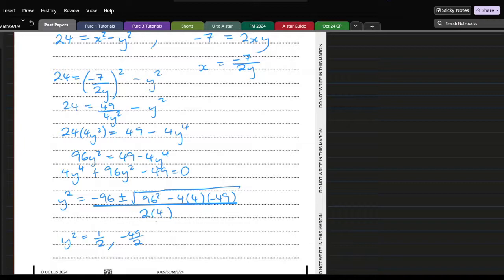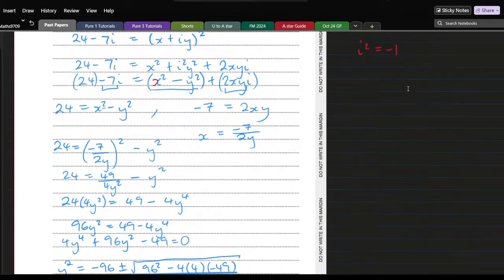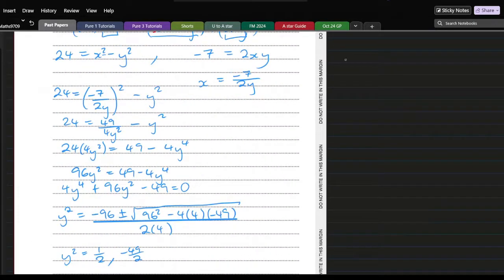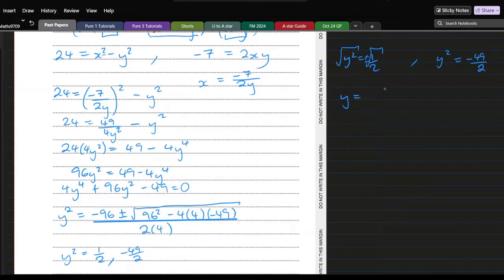Alright, so those are our two solutions. Do we have space? No, we don't. Let's work it out on the side. So we've got y squared is equal to 1 over 2, and y squared is equal to negative 49 over 2. Alright, so let's take the square root on both sides. Remember to put plus or minus. So y is equal to plus or minus root 1 over 2, which is plus or minus root 2 over 2.